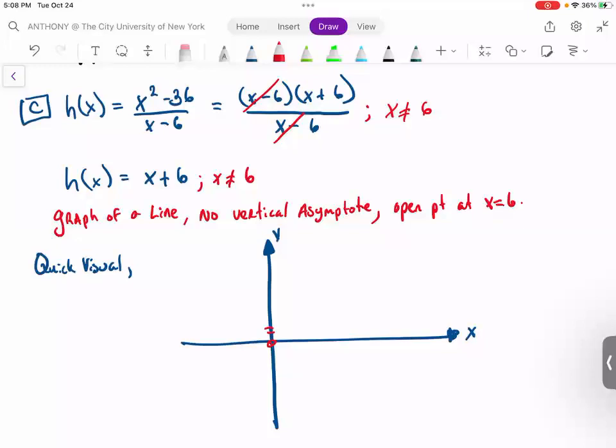So 1, 2, 3, 4, 5, 6. Here's my y-intercept. If I did plug in x equals 6, however, we're going to get an open point. That open point you're going to get is 12. So your graph will look something like this. It can go through the closed point, but bypasses the open point.